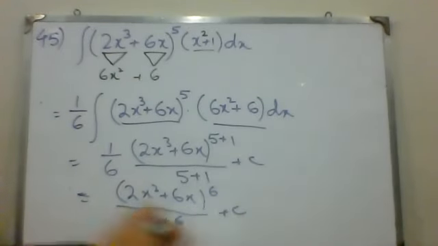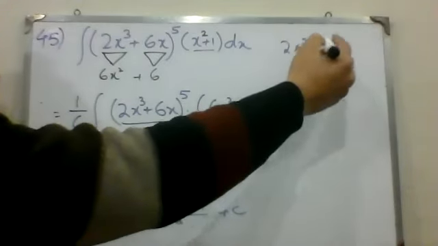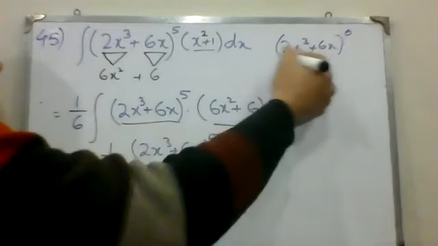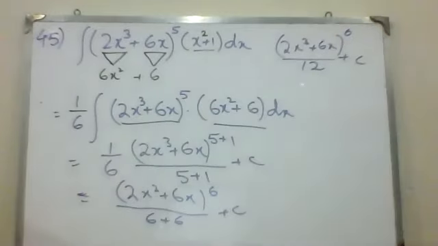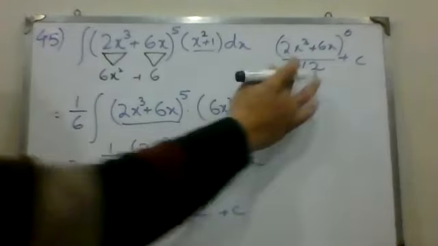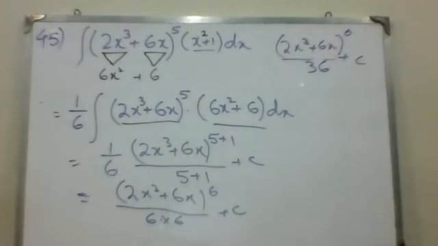So that answer is 2x to the power 3 plus 6x whole power 6 divided by 12 plus c. That is the required answer. Oh sorry, it's multiply, right. So 6 multiplied by 6 is what? 36. Okay, 6 multiplied by 6, we get the 36 from here.